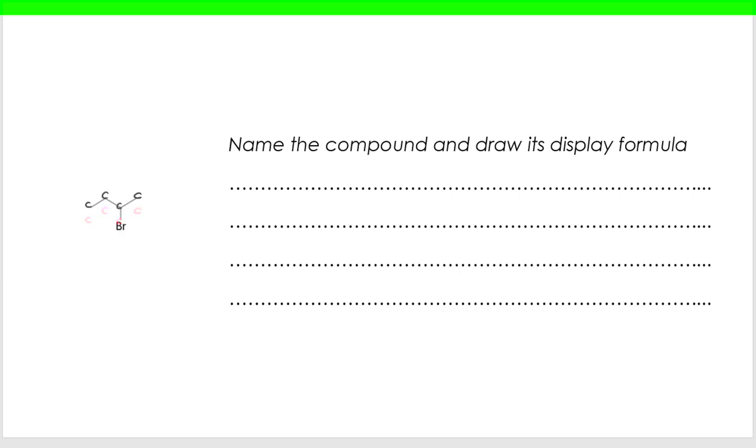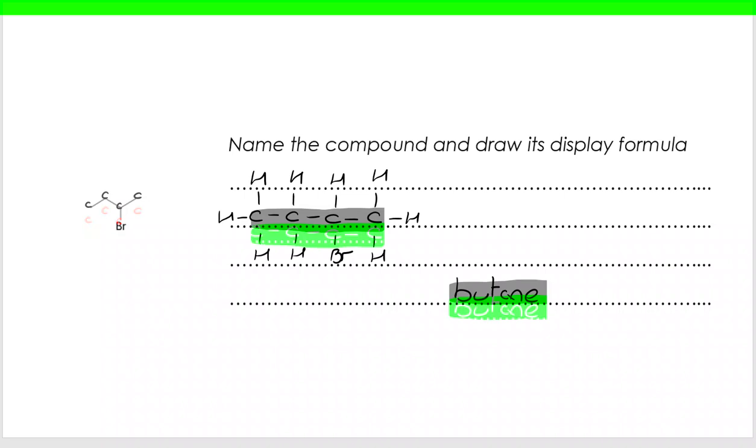Another example here. I've got 4 carbons, so I'm going to draw my display formula out, 4 carbons in a row, fill up with H's, and because it's 4 carbons, that means my name is going to be based around butane, because my easy process, best for butane, if we use the mnemonic. Now the prefix for bromine is bromo, so it's bromobutane.